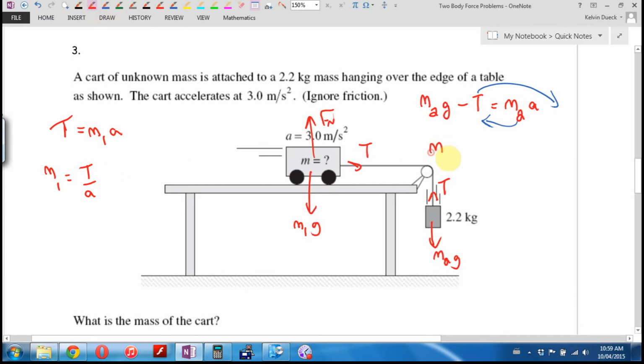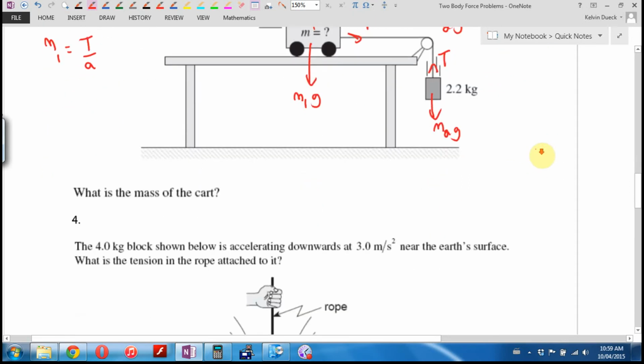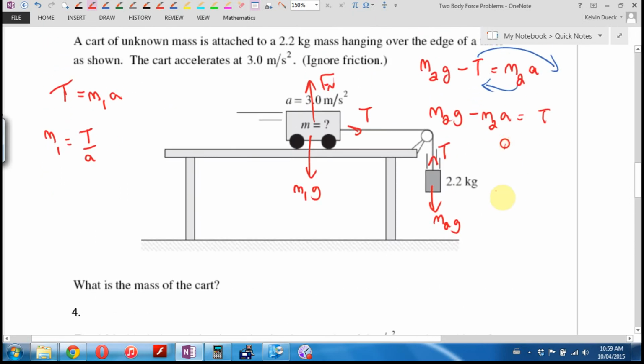It's going to be M2G minus M2A equals tension. M2, 2.2 times 9.8 minus 2.2 times 3. That equals tension. How big is the tension? It's going to be 2.2 times 6.